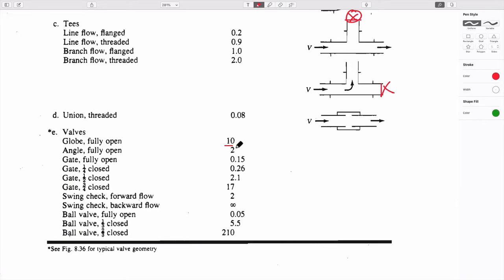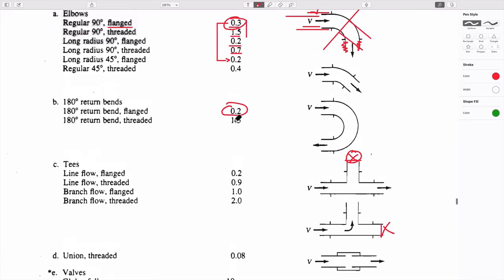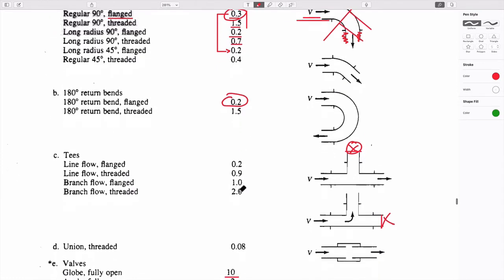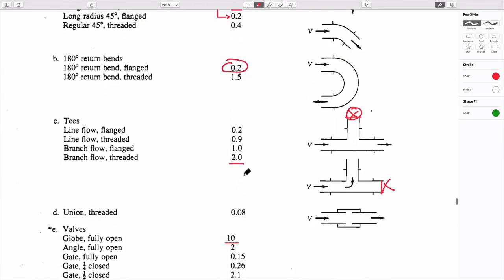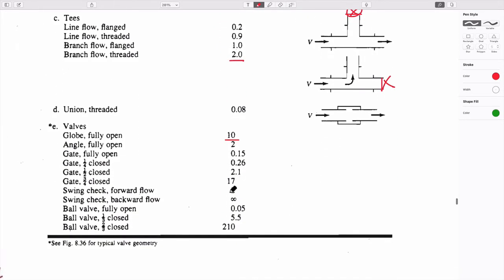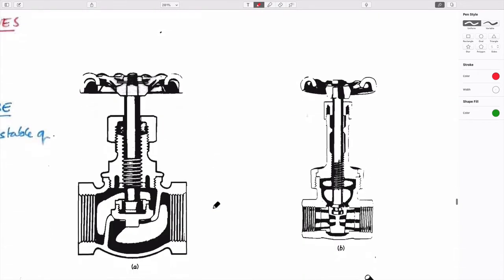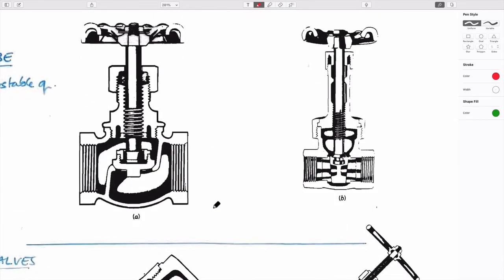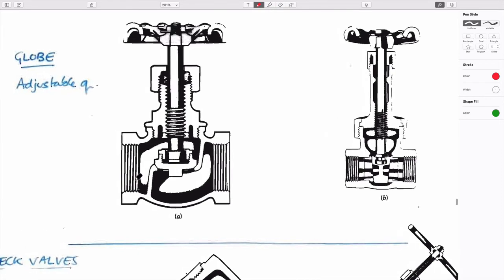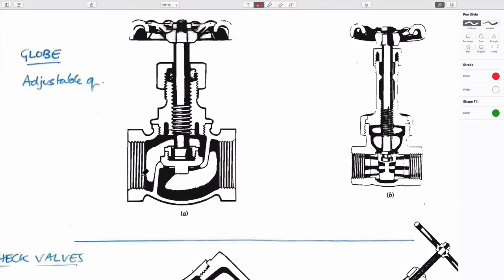valves, these are big numbers, so most of these numbers are between 0 and 1, as you see. Some are slightly larger than that. Going through valves and gates are much larger. I'm not sure what a swing check is, but anyway. And because you're going through a tortuous flow path. So these are kind of global fittings on pipes.